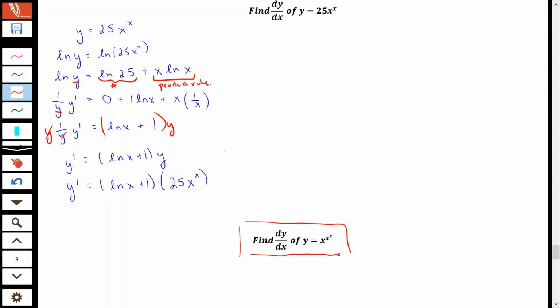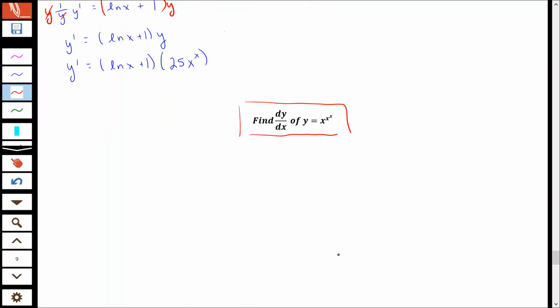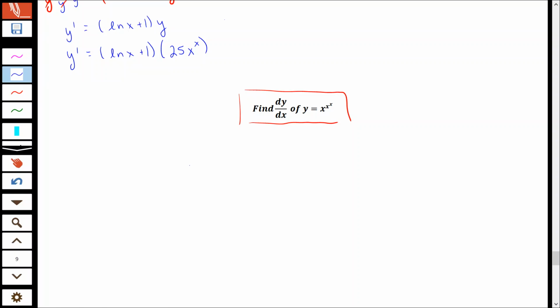So when we see this, we actually want to start by just solving y is equal to x to the x. So if I take this, I'm going to ln both sides. I'm going to have ln y is equal to ln of x to the x means the x comes out front, and I have that base x.